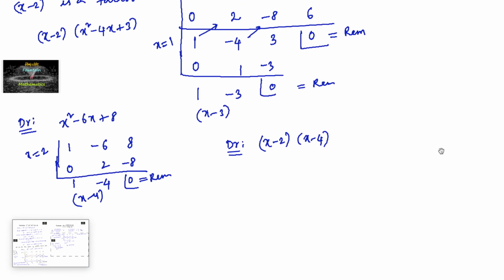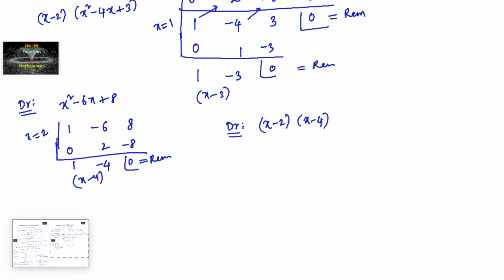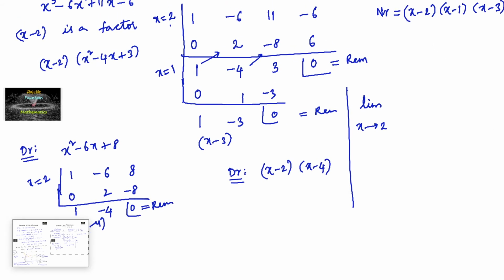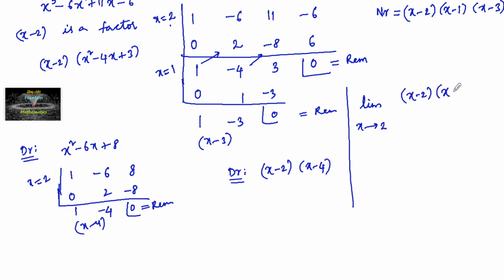Now let's substitute in the limit problem. The limit as x tends to 2: the numerator is (x − 2)(x − 1)(x − 3) and the denominator is (x − 2)(x − 4).